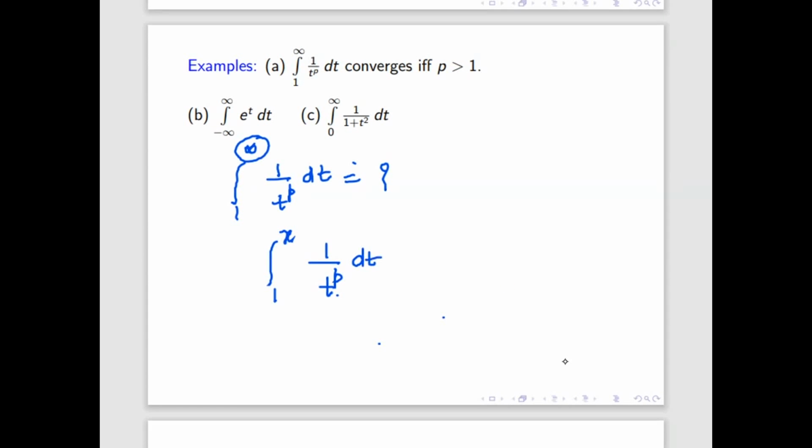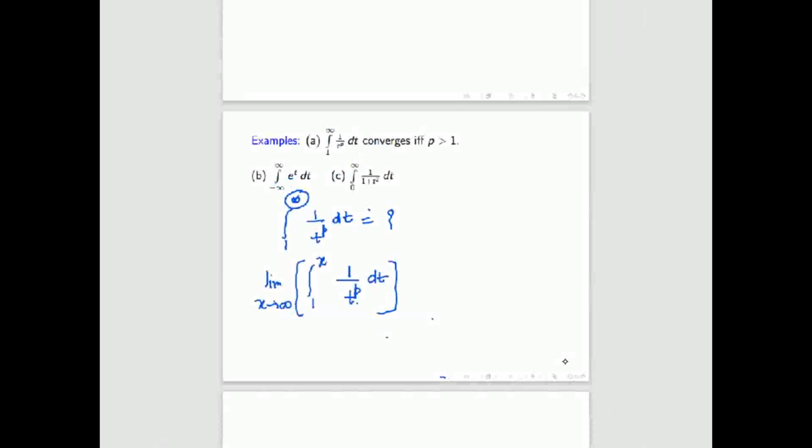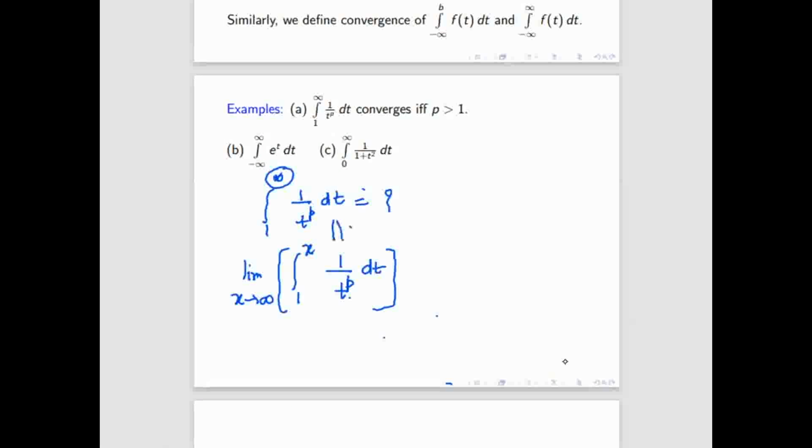We'll integrate this first. Once we get the integration, we'll apply the limit x tends to infinity. If this limit exists, then only this is equal to this. Then we'll get the value of the integration.